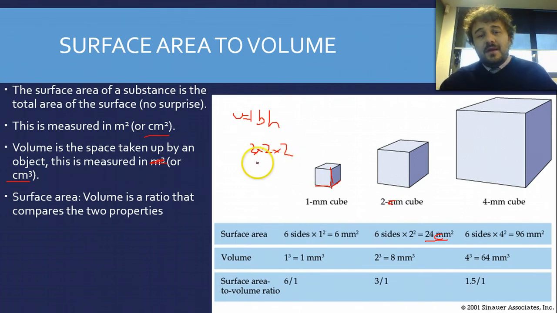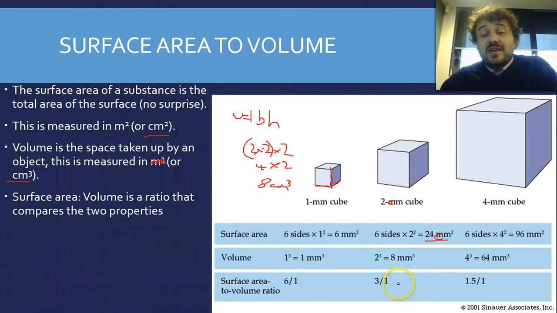So 2 times 2 first gives us 4, then times 2 gives us 8. So it's 8 centimeters cubed, which gives us a 3 to 1 ratio, as 24 divided by 8 is 3 to 1.